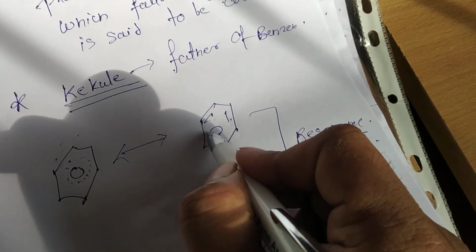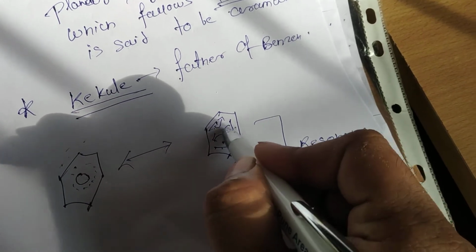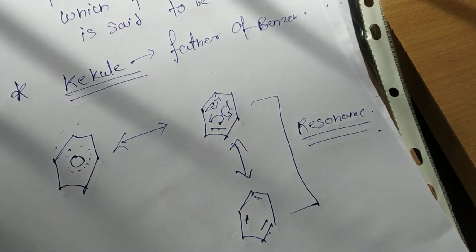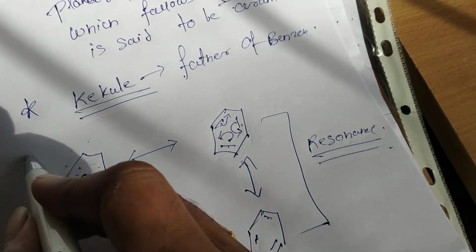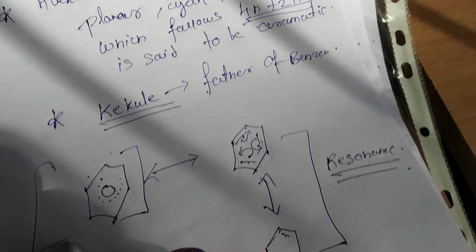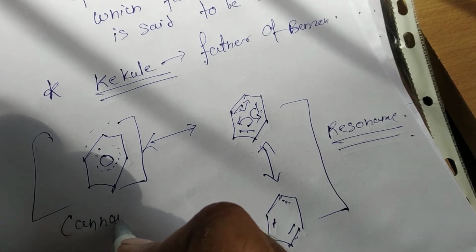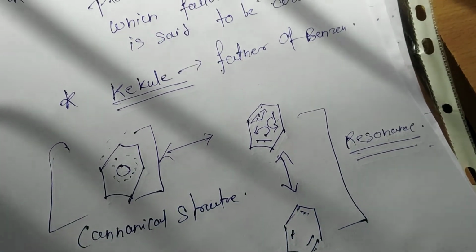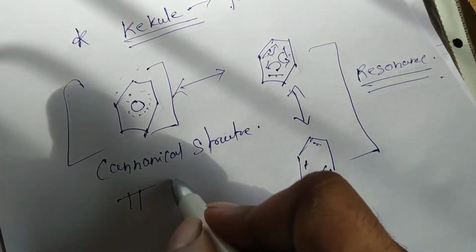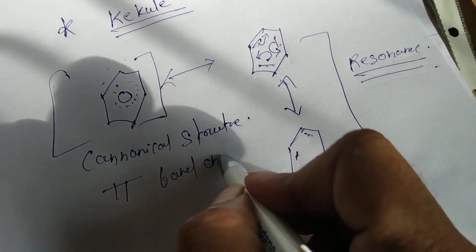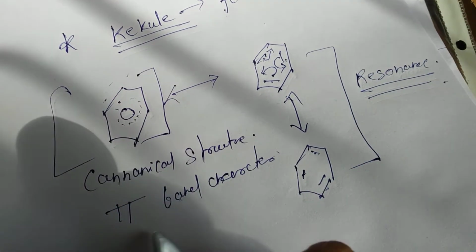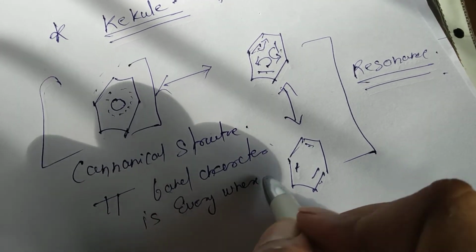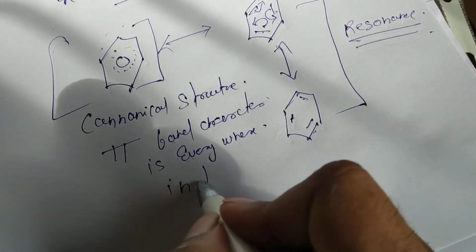Now here we can see that there is a shifting of electrons going on in the system, and a new structure is formed, right? That is why we write the canonical structures. This structure is said to be a canonical structure, where the pi bond character is everywhere in the structure.